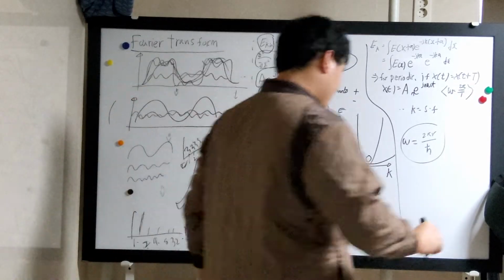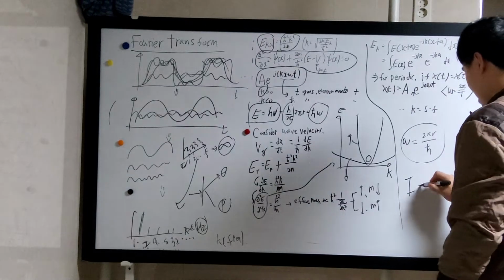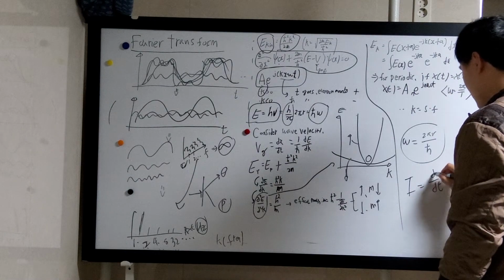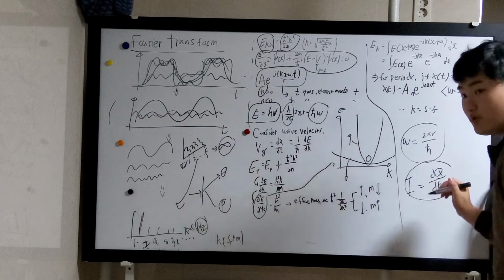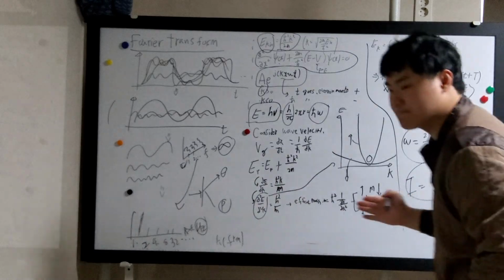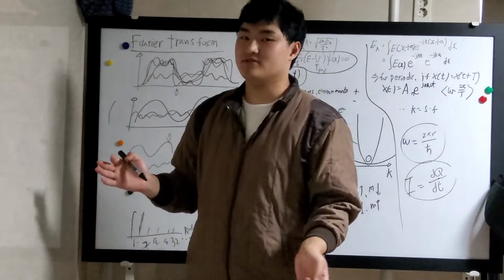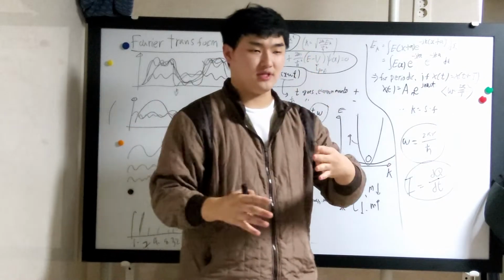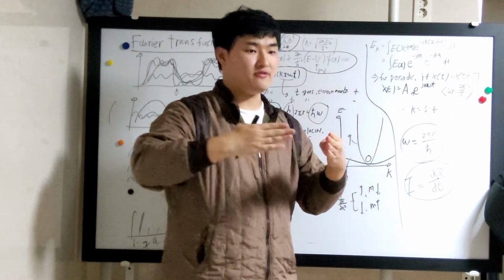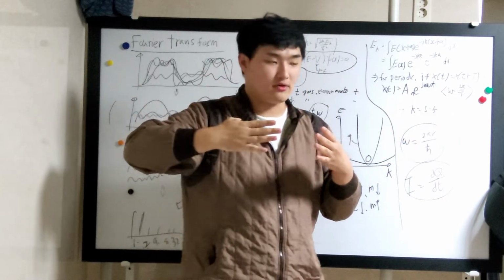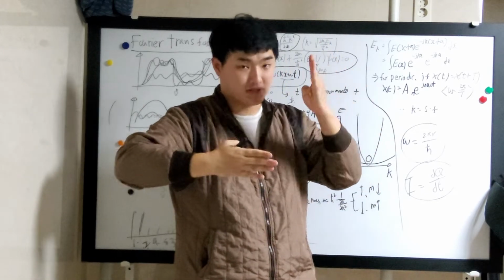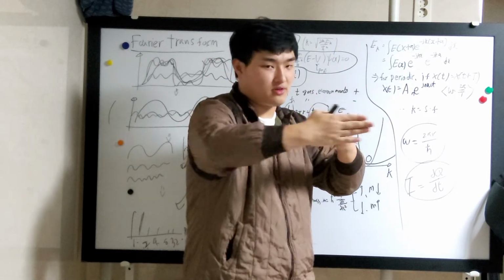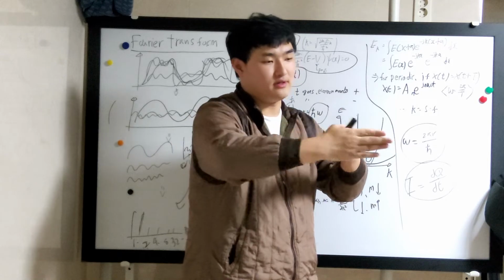So we said the current is dq over dt. What does this equation mean? Within the time domain, how much charge passed through an area, how fast, and how many electrons passed through a certain area in a set time.